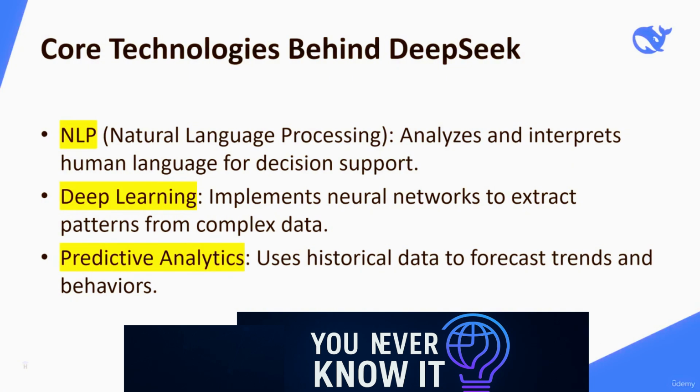Predictive analytics uses historical data to forecast trends and behaviors. This is very important for future trends, such as our company growth, our organization growth, what level of decisions we have to take, and allocating funds. That would be possible with predictive analytics. These three major things, NLP, deep learning, and predictive analytics, are behind DeepSeek.